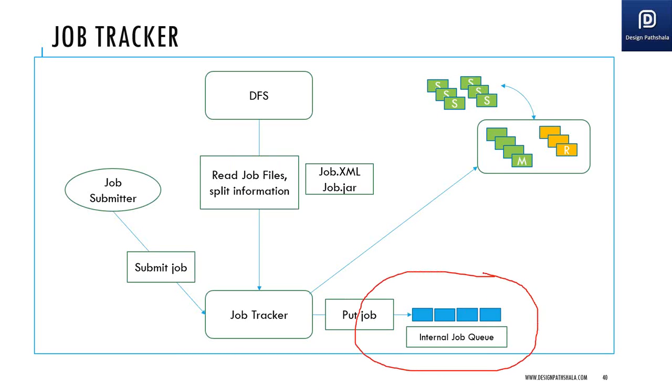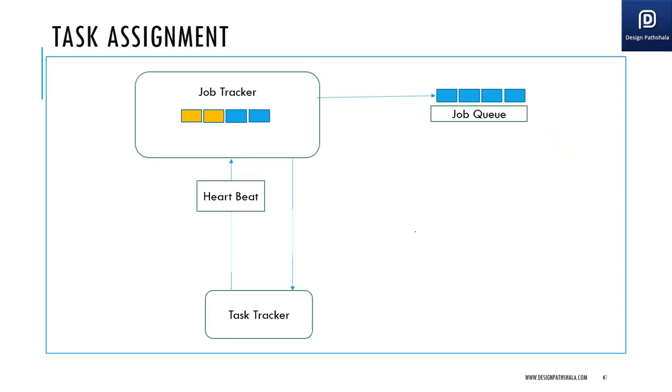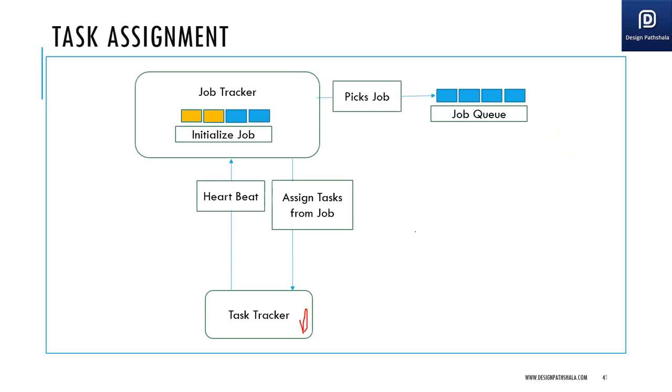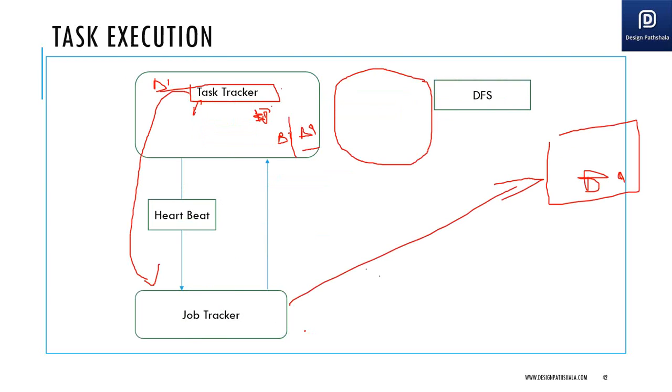Whenever some data nodes are available in the cluster, the job tracker picks up the jobs from the queue and assigns the individual tasks from those jobs to the corresponding task trackers which are running on the data nodes. Each data node is running a task tracker, and these keep sending heartbeat signals to the job tracker. The job tracker picks jobs from the queue and assigns the tasks for those jobs to the task trackers, and the tasks are run by the task trackers in the corresponding data nodes for the corresponding blocks which are lying on those data nodes.